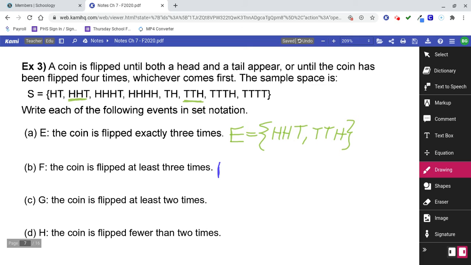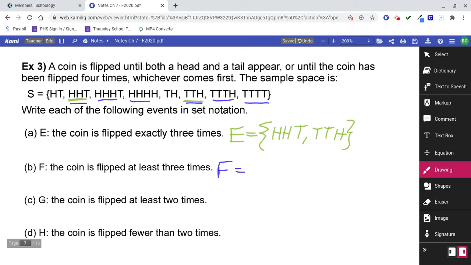Event F, the coin is flipped at least 3 times. So at least 3 means 3 or 4. So we're talking about any of those elements that have flipped 3 or 4 times. So hopefully I have enough room here. There's no way.